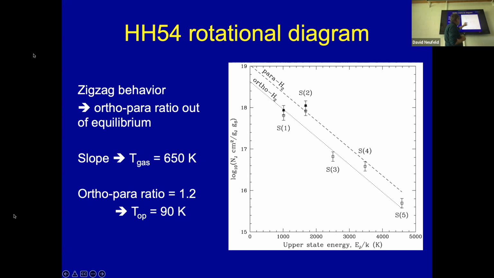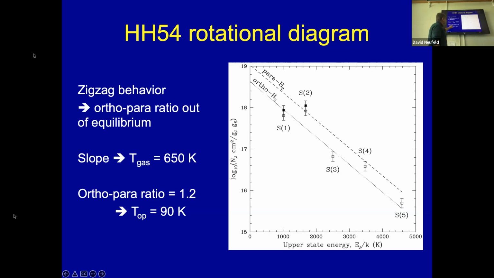And the slope of either of these lines tells us the temperature and indicates that we have gas at 650 Kelvin. And this gas has been heated by a shock because the typical temperature in a molecular cloud is less than 100 Kelvin. So this shock caused by this jet has heated up the hydrogen to 650 Kelvin.